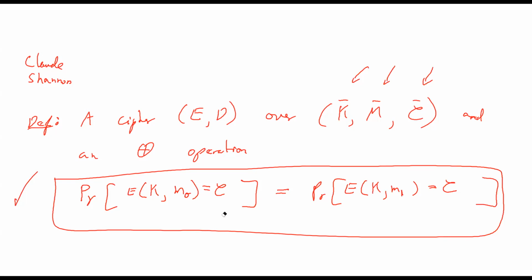Another way of saying this is, given the cipher, there's no way we can know that this is more likely to have come from M0 than from M1. We can't even know that. It has the same probability that this cipher could have been generated from M0 or M1 or any Mn for that matter.